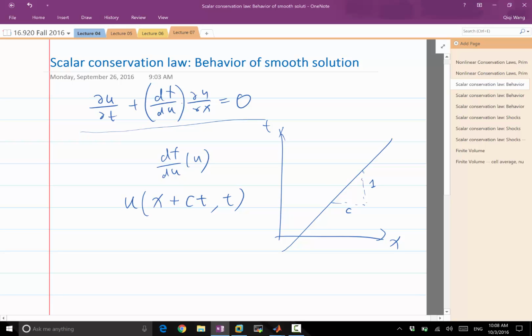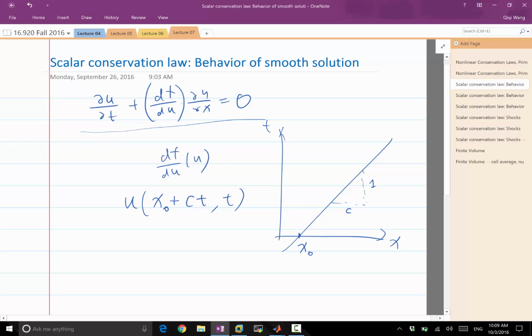Does it make sense what I'm doing? I'm looking at the solution along a line. So basically, if I make x a dependent variable of t, then I reduce u into a univariate function instead of a bivariate function. Let me use x naught to distinguish from this x.